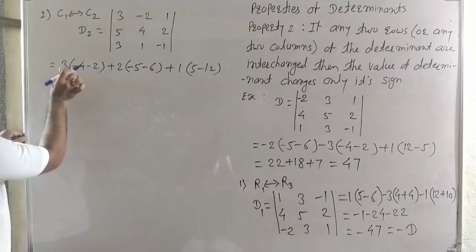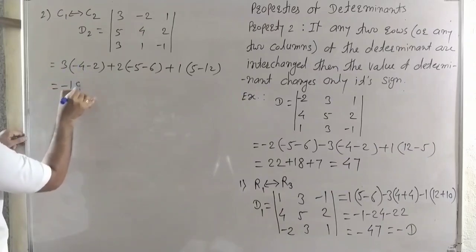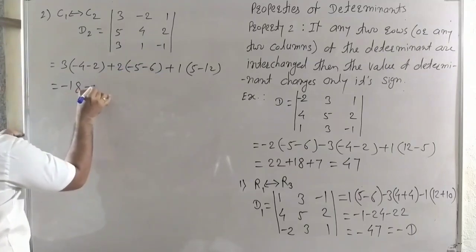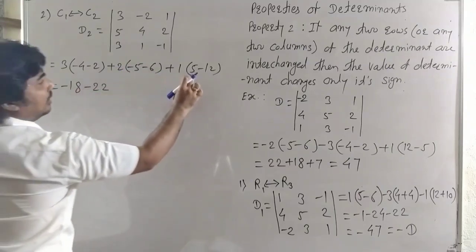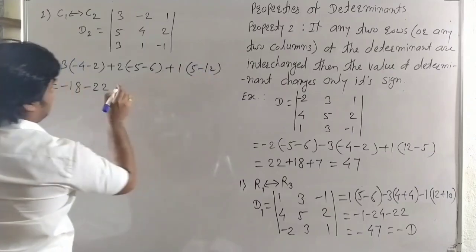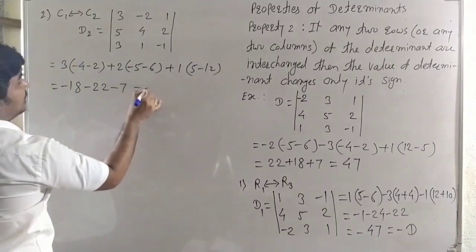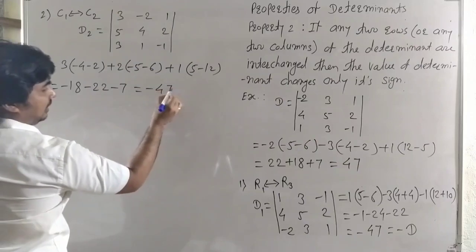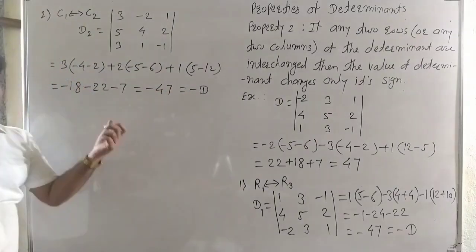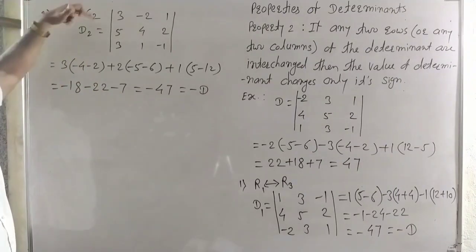See carefully, minus 6 into minus 3 is minus 18. Minus 11 into plus 2 is minus 22. And here plus 5 minus 12 is minus 7. So it is minus 7 and it is minus 47, and then it is minus the original determinant. Here we can interchange C1 and C2.